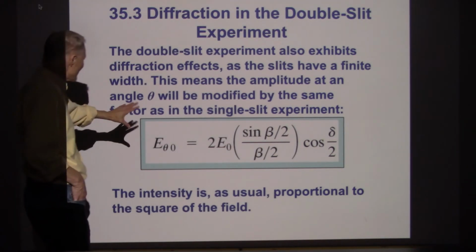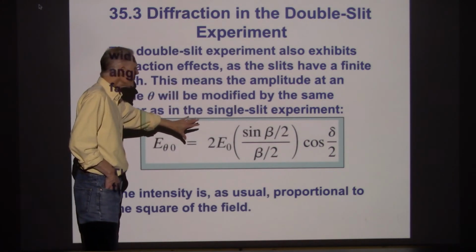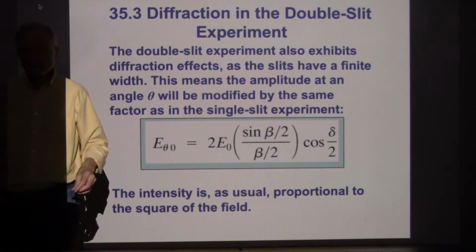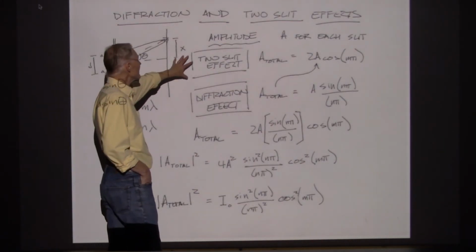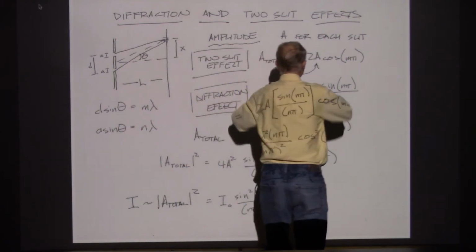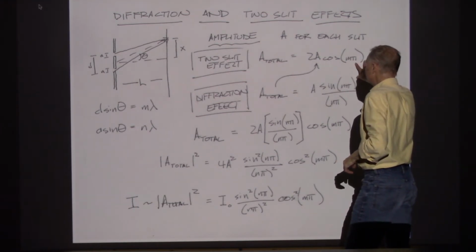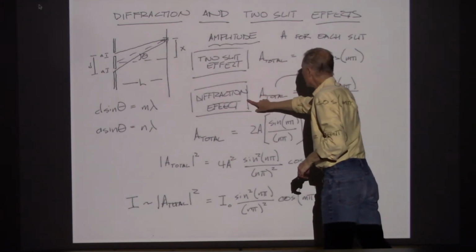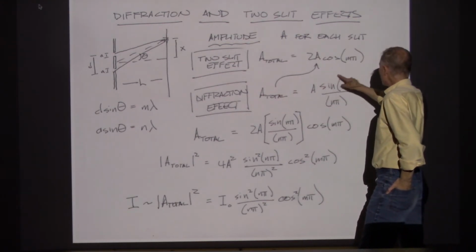Now this is the way they've been representing their amplitudes. If you've been following that version, this works fine. Ours is tweaked a little bit. So I'm going to say this. The 2-slit effect gave us an amplitude that was 2a times the cosine of m pi. Now the diffraction effect gave us a total that was a sine n pi over n pi.